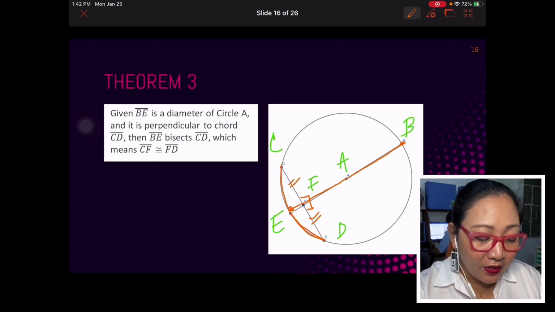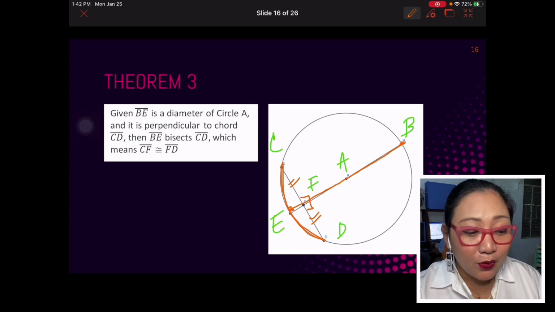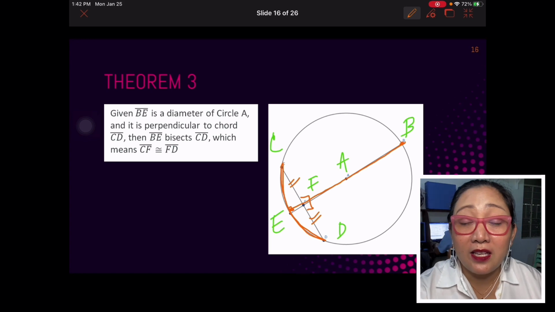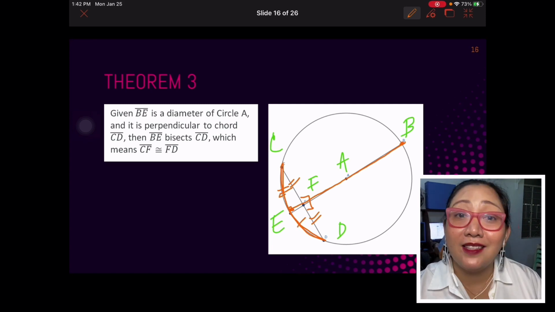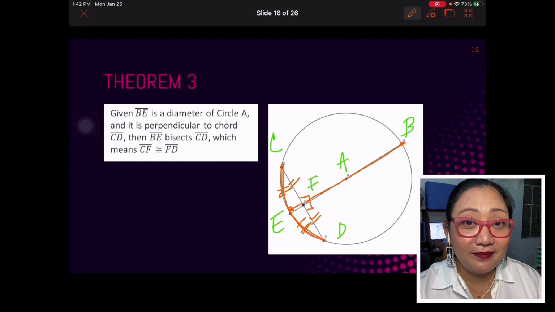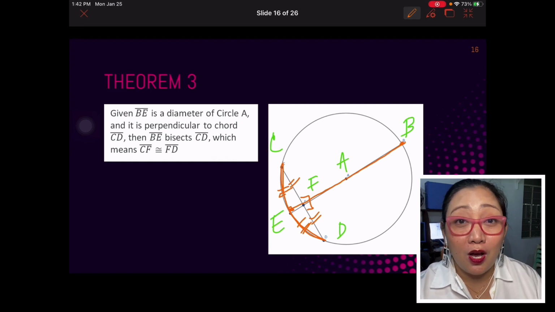Okay? So, given na meron tayong arc CD, okay? So, pag nabisect siya ng ating diameter BE, ano po yung nangyayari? Nagkakaroon tayo ng arc CE is congruent to arc ED. Okay? So, hindi lang yung chord yung nababisect niya, pati rin po yung arc.